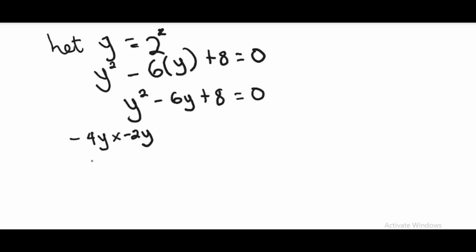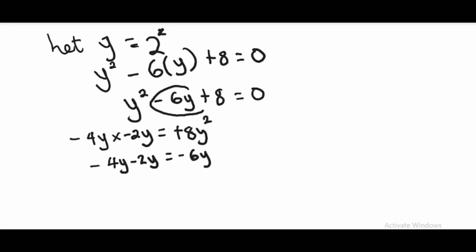These two will give you plus 8y squared, and when you add minus 4y to minus 2y, the result will also be minus 6y. So the two factors are minus 4y and minus 2y, and we will be replacing the middle term with minus 4y and minus 2y.